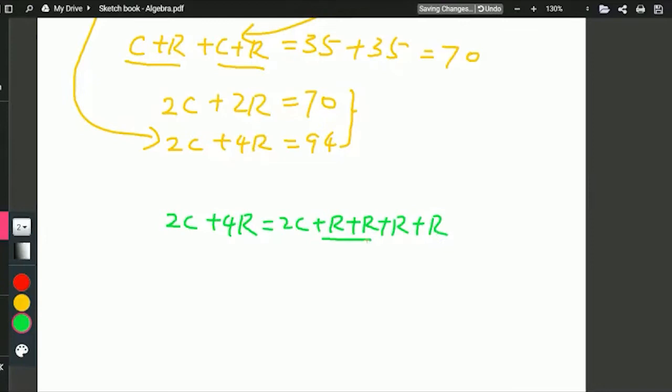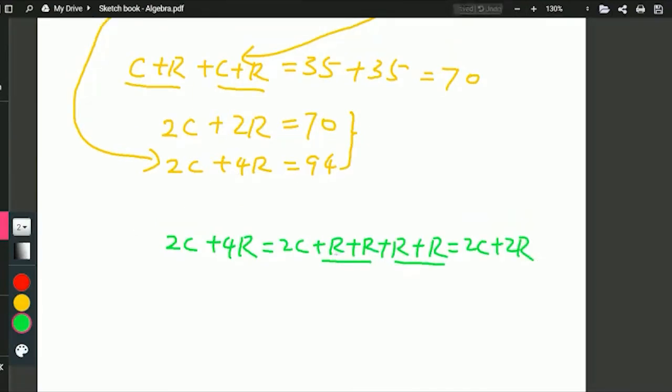So further, I can say this is 2C plus 2R plus 2R.